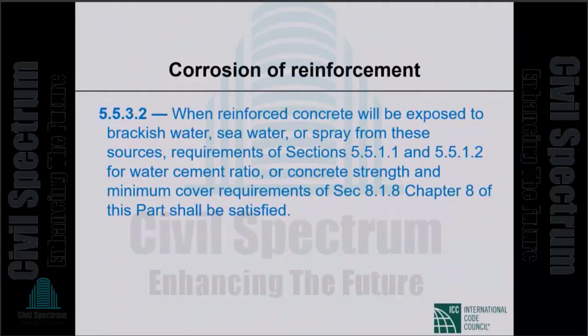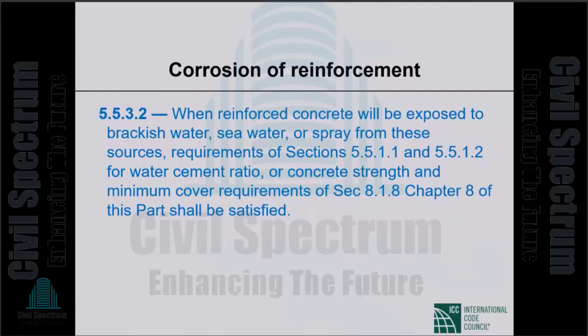When reinforced concrete will be exposed to brackish water, seawater, or spray from these sources, requirements of section 5511 and 5512, those are the first two things that I showed you for water cement ratio or concrete strength, apply.